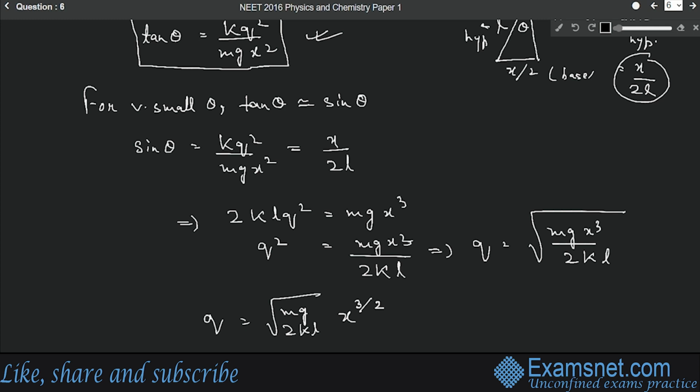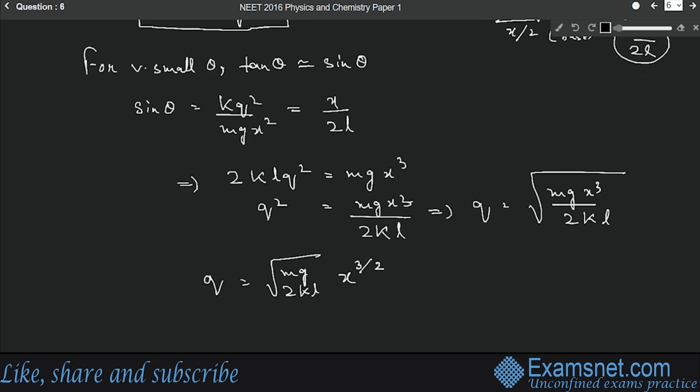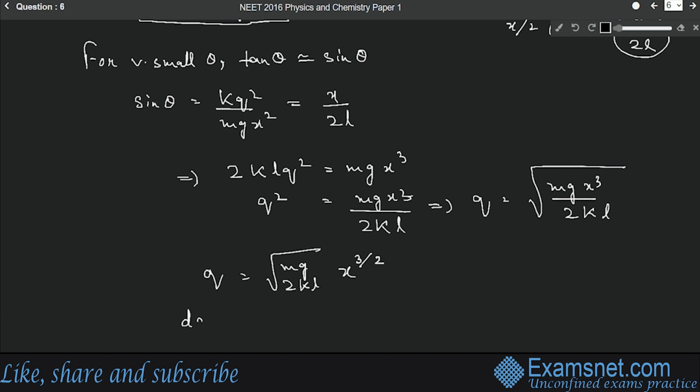Okay, now we'll differentiate dq by dt. dq by dt is equal to under root mg by 2kL, because this part is constant, into 3 by 2 x to the power half dx by dt.